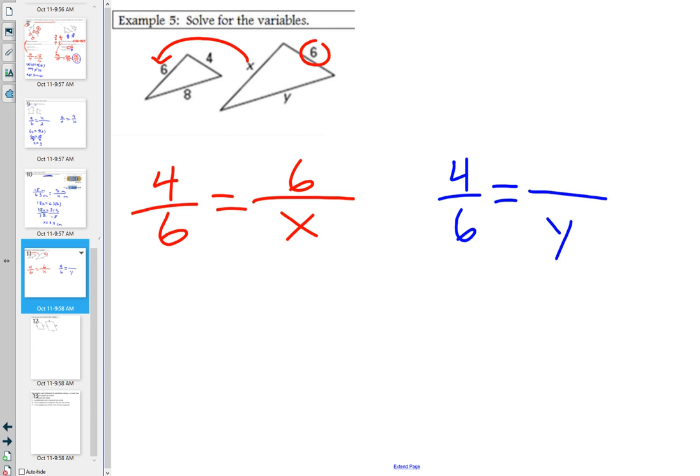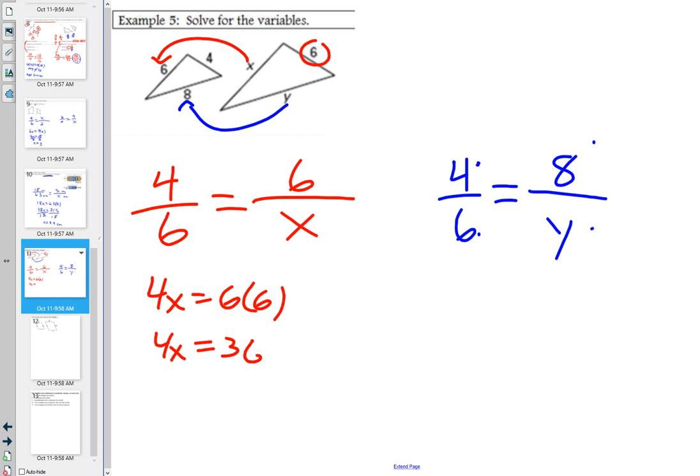So I line it up with the 6, but then what does that correspond to on the other one? Little triangle, big triangle, little triangle, big triangle. 4x is equal to 6 times 6. 4x is equal to 36. X is equal to 9.